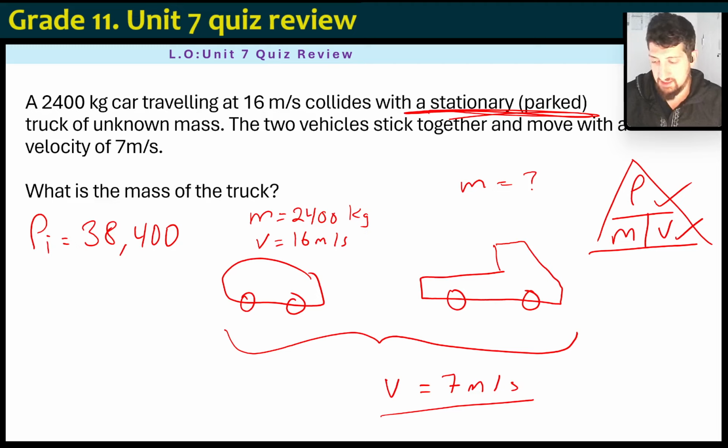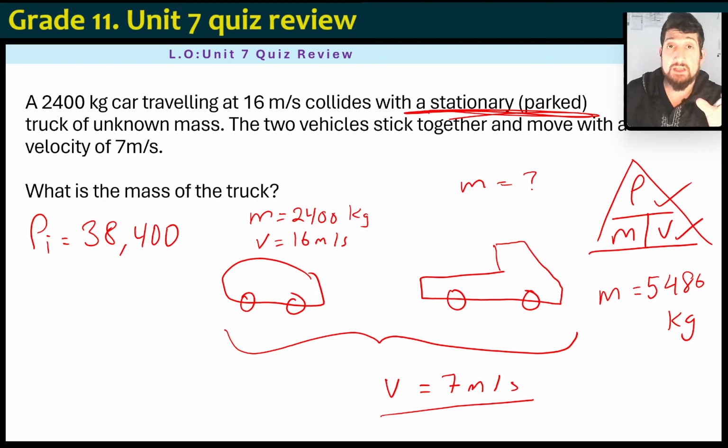So it's 38,400 divided by 7. So the total mass is equal to 5,486 kilograms. But remember, that is the mass of the car and the truck after they've stuck together. So I still have to do one more step, which is subtract 2,400, which is the mass of the car. So minus 2,400, and then I come to the mass of the truck, which is 3,086.